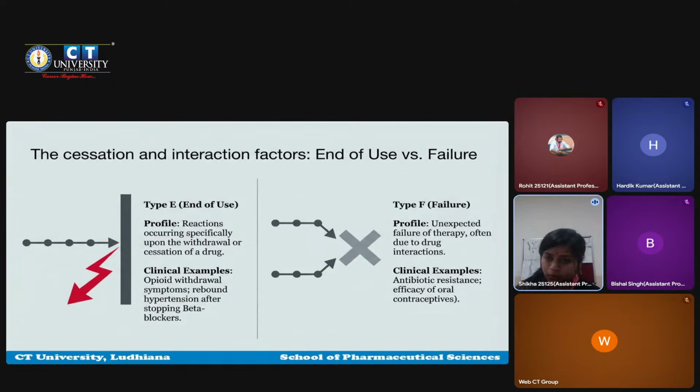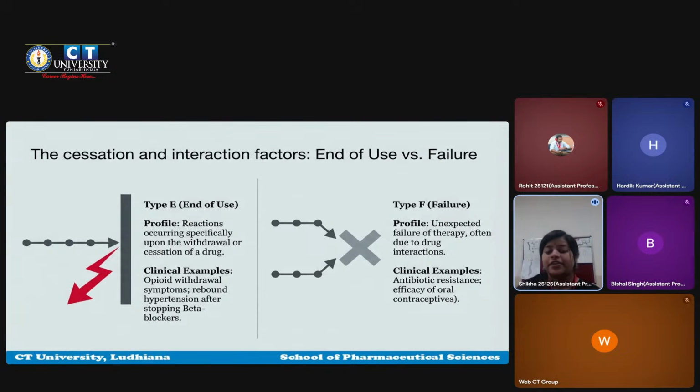That is not rational, and it will cause antibiotic resistance. In future, if you use the antibiotics, they will not work properly and will not show the proper pharmacological or therapeutic effect on your body. So this will cause type F, that is failure of the treatment.